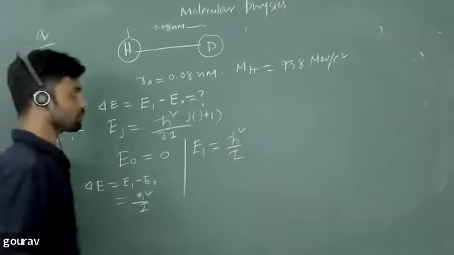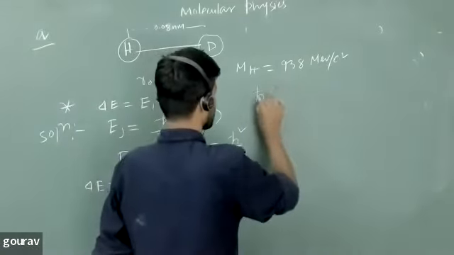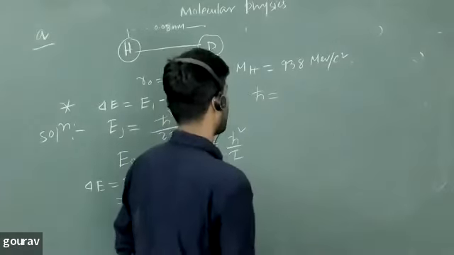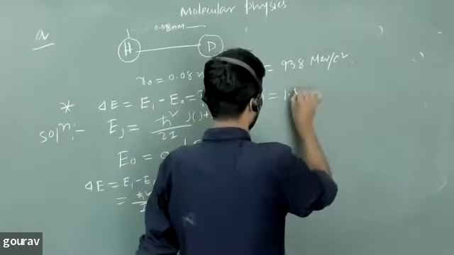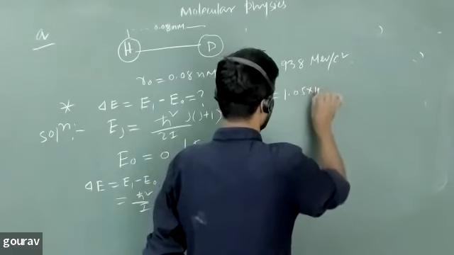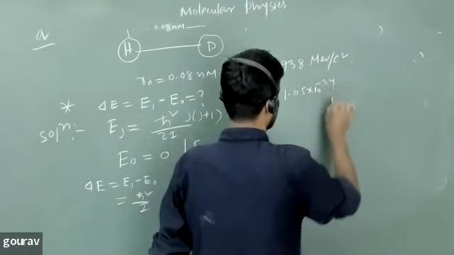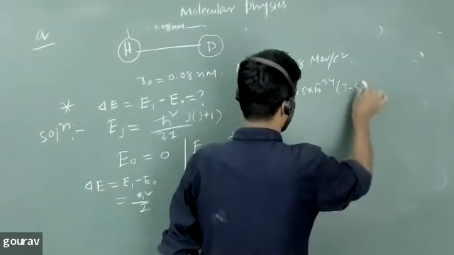Okay. Now you know that H cross in SI unit is 1.05 into 10 to the power minus 34 joule second.